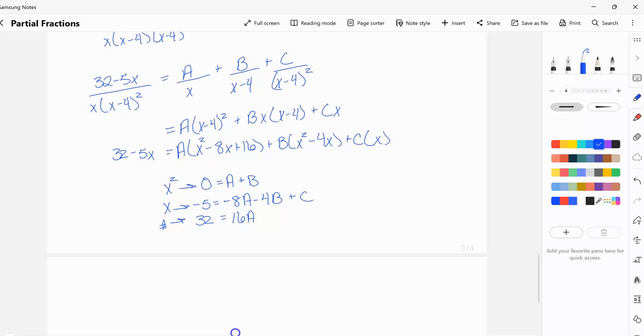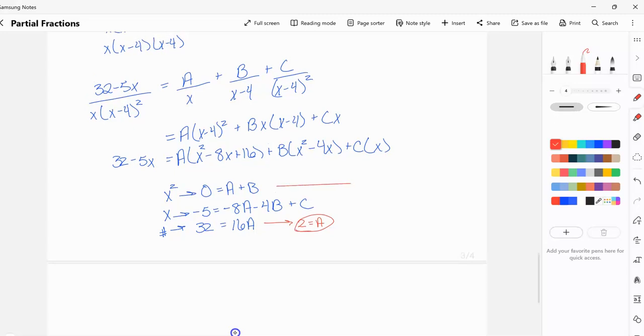So we could plug this into a matrix, or we could just use substitution. We know right off the bat that a has to be equal to 2. We divide both sides by 16, which means that I know what b is, because I know 0 equals 2 plus b. So negative 2 is equal to b.